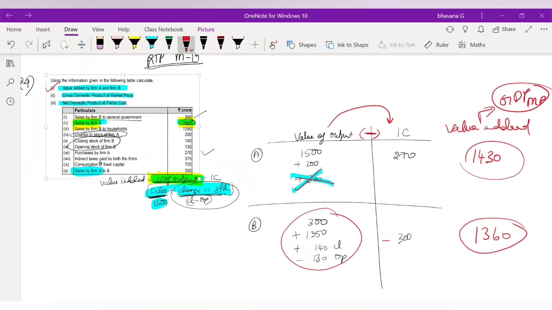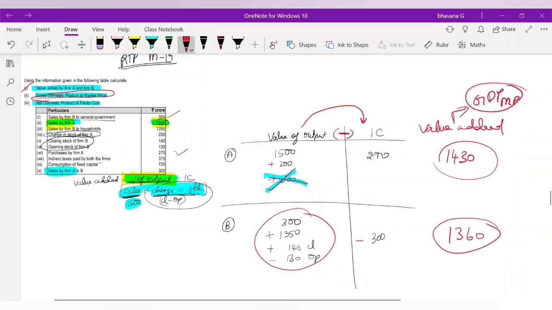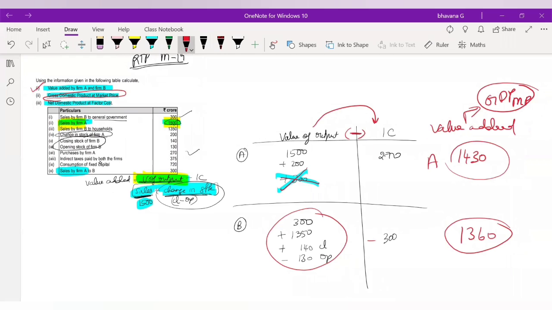Okay, next they have asked you. Yes, correct. One second, guys. Okay, so that is the GDP MP. We have also found out the value added by firm A and by firm B. One second, guys, just give me a second.